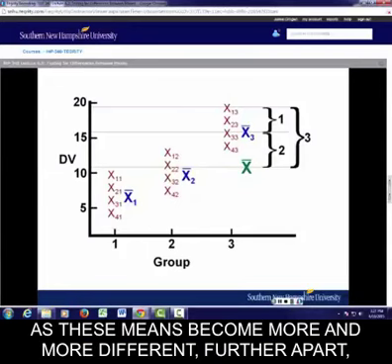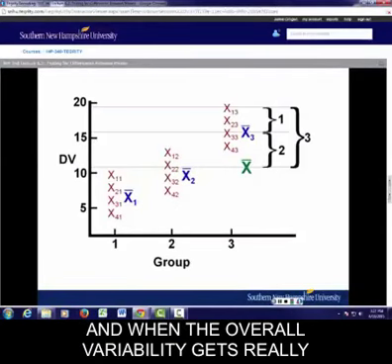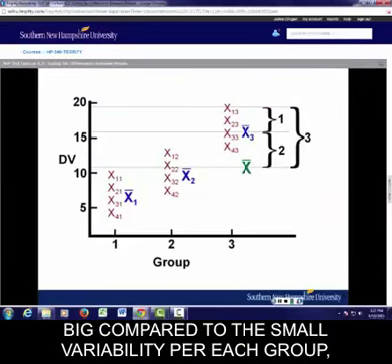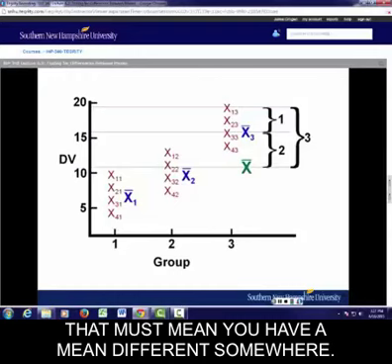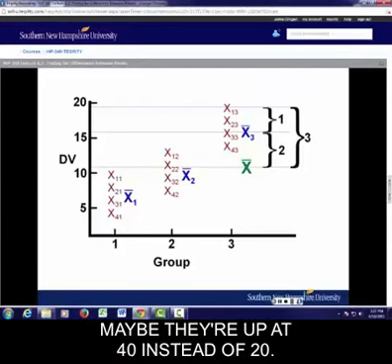As these means become more and more different, further apart, the overall variability is increased. And when the overall variability gets really big compared to the small variability per each group, that must mean you have a mean difference somewhere. So just picture group 3 being even higher. Maybe they're up at 40 instead of 20.